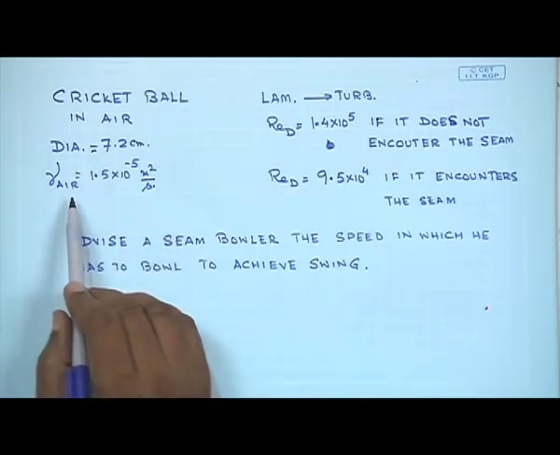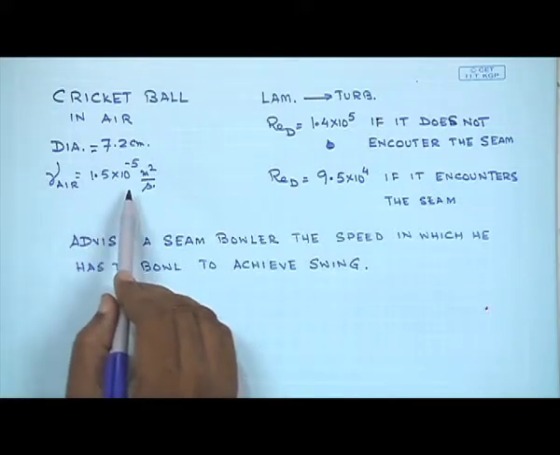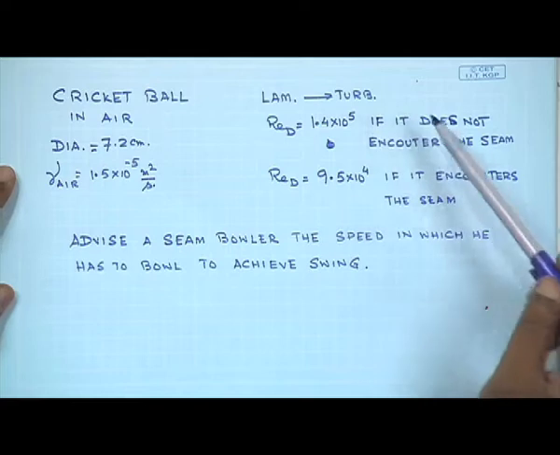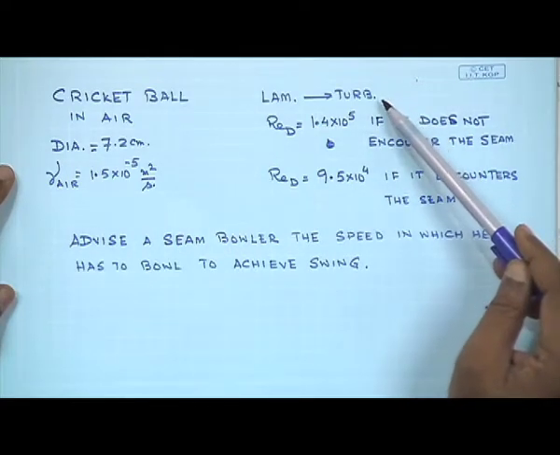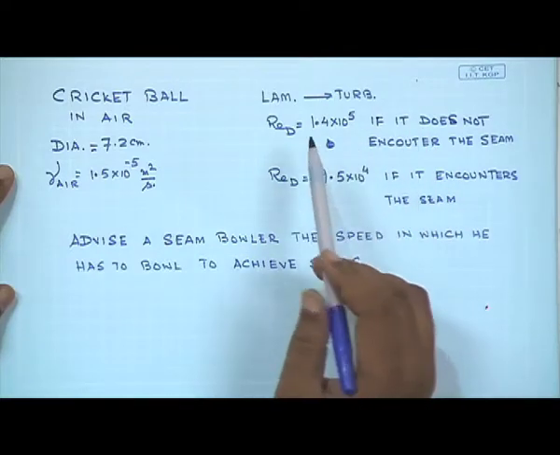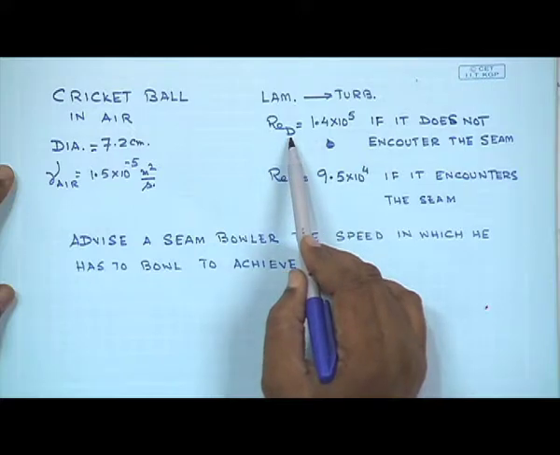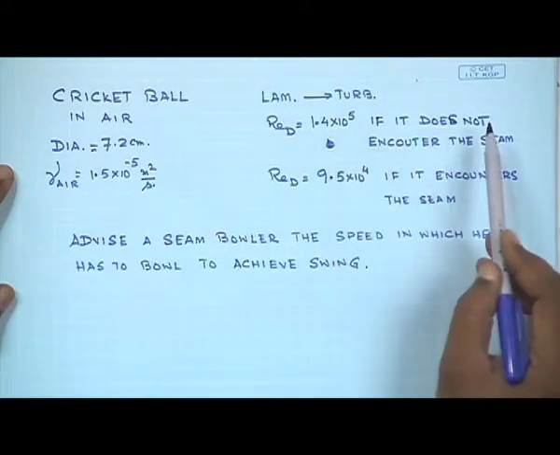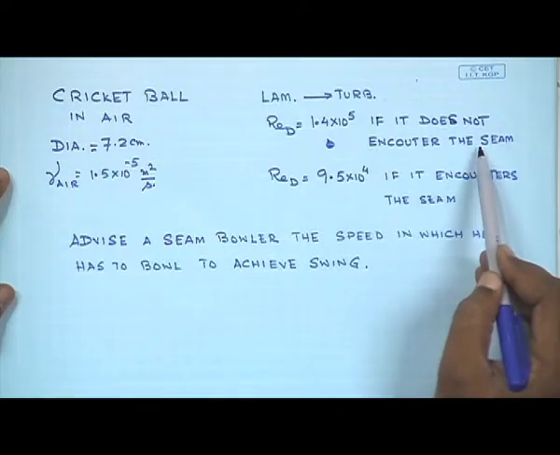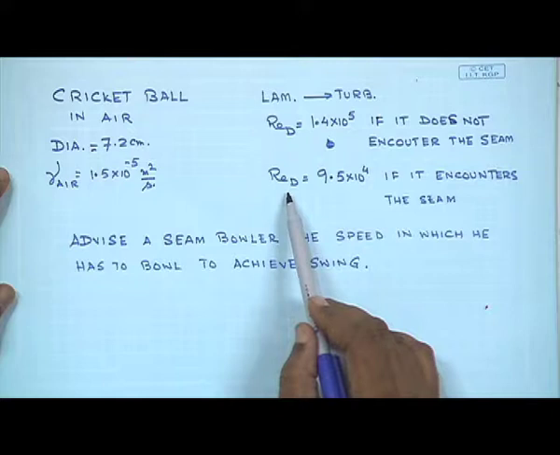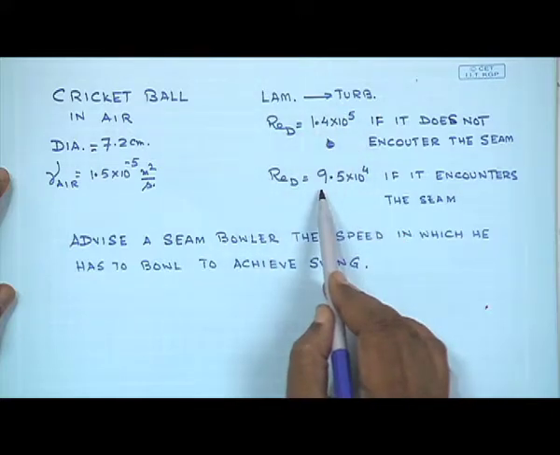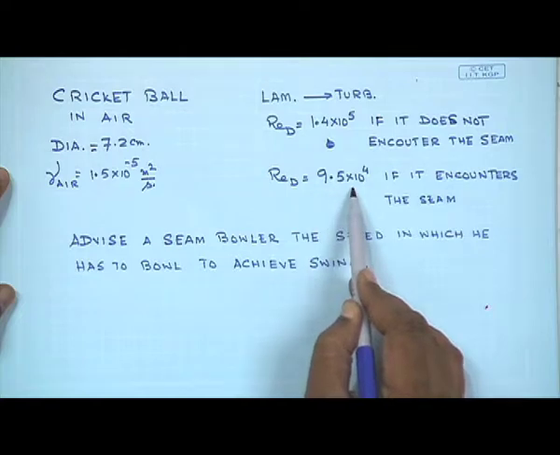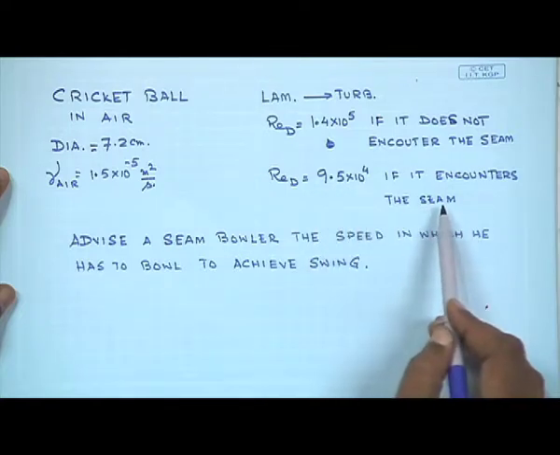The kinematic viscosity of air is 1.5 into 10 to the power minus 5, and through experiments it has been established that the laminar to turbulent transition takes place on a cricket ball if the Reynolds number based on diameter of the ball is about 1.4 into 10 to the power 5, if the air does not encounter the seam. And the transition from laminar to turbulent would take place at a lower Reynolds number of 9.5 into 10 to the power 4 if it encounters the seam.